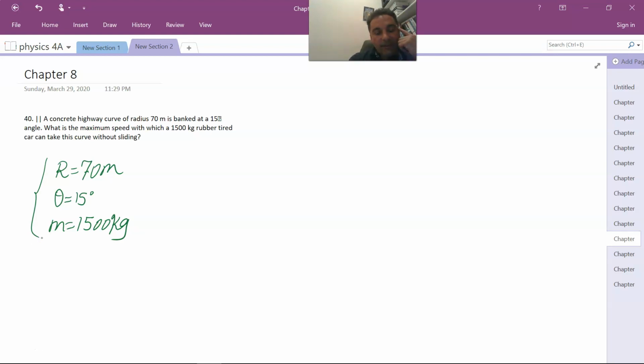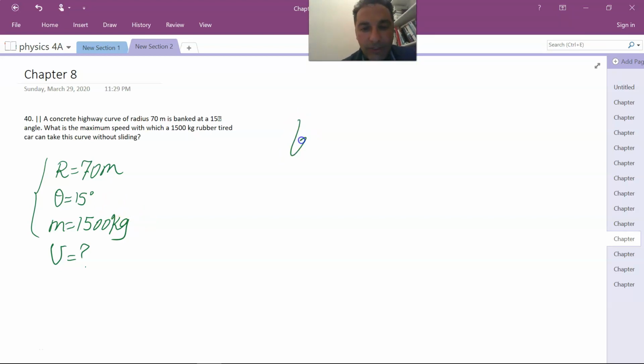Radius is 70, theta is that. What is V? You know this mass is extra data. It's just a trick. It doesn't matter. You take the curve by a heavy 18-wheel truck or just a very light car. It's not up to mass. So this mass is just a trick.